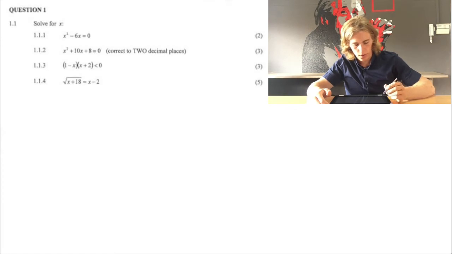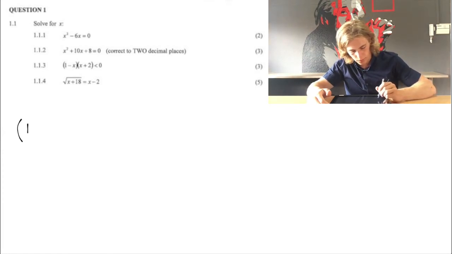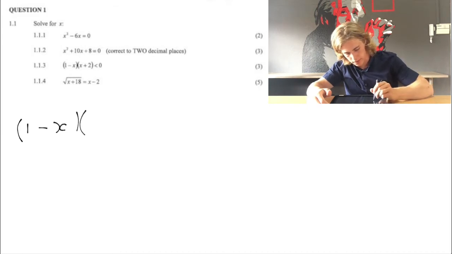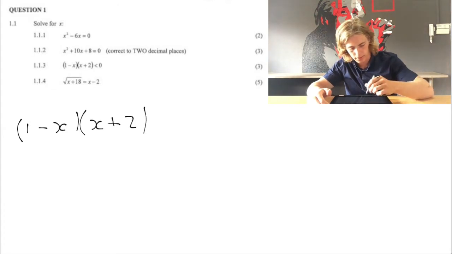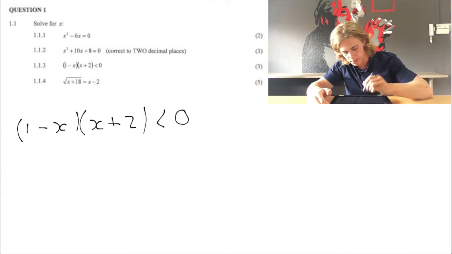Okay, question 1.1.3. We have bracket 1 minus x, close bracket, another bracket x plus 2, close bracket, and that is going to show an inequality which is less than 0.